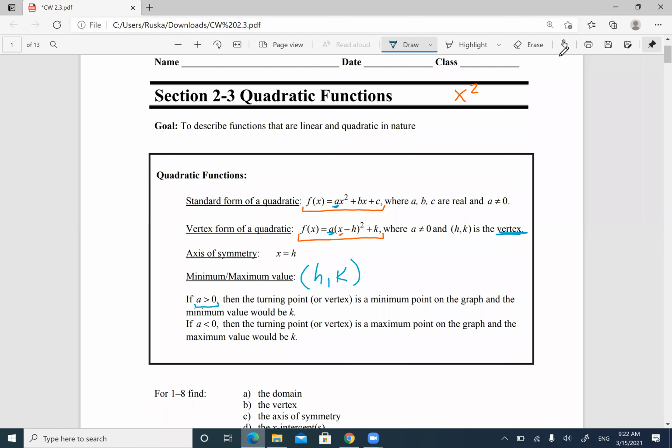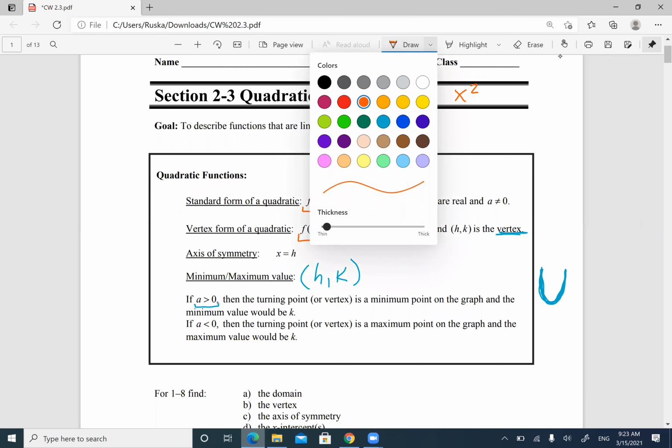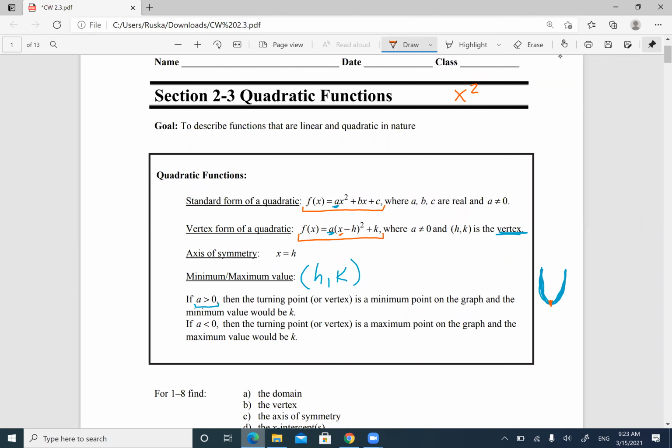And if a is positive, the graph looks like this. This is the graph of a quadratic function. This is a parabola. It looks like this, and the vertex is this point down here. So the minimum point is called the vertex.